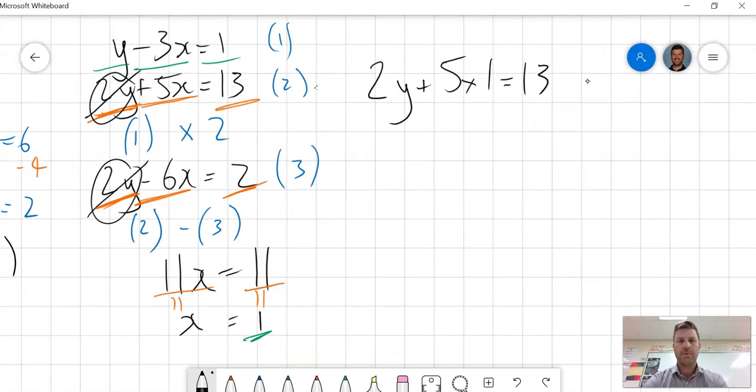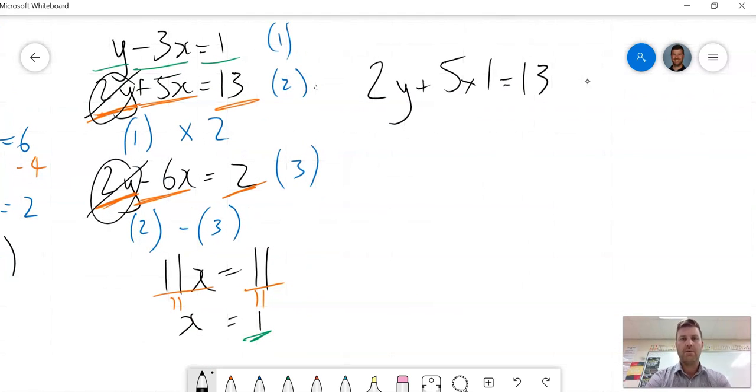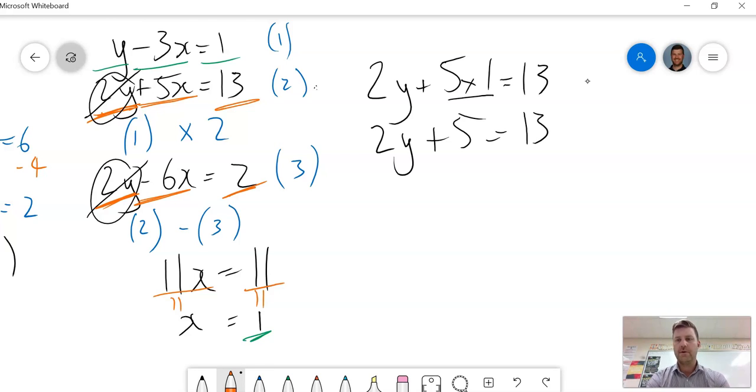Zoom out a bit. Okay, now we solve that, so 2y plus 5 times 1 is 5, equals 13. Let's go ahead and solve for y. Take away 5 on both sides. 2y equals 13 take away 5, which is 8.